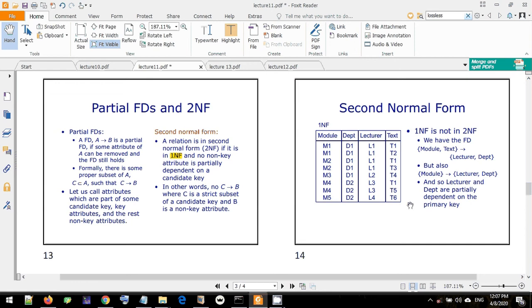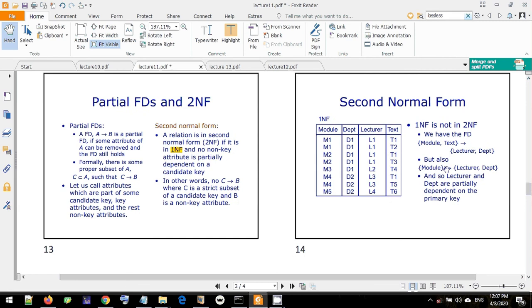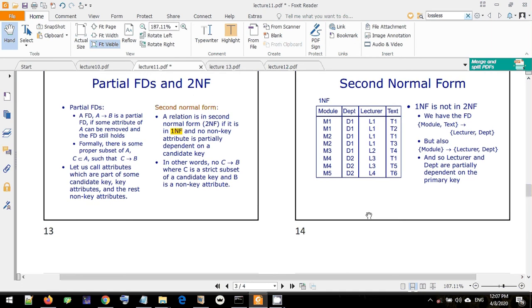They are all the same. So this is a sub-dependency from the main dependency that makes it not in the second normal form. Our goal is to eliminate this dependency, which takes this table to its second normal form.